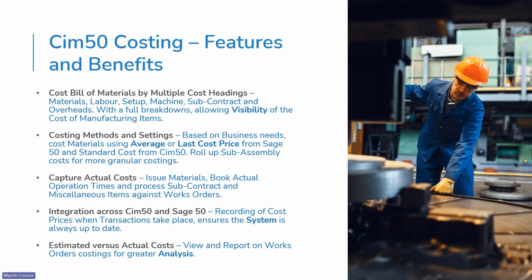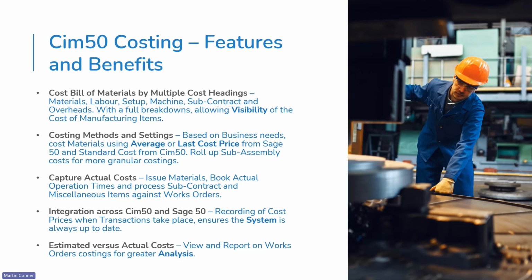We've got a couple of costing methods and settings, so the system can be configured to a certain level to suit your business needs and how you work as a business. So we've got average and last cost pricing, following what Sage 50 provides from a stock valuation point of view.